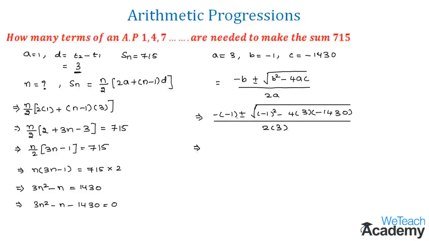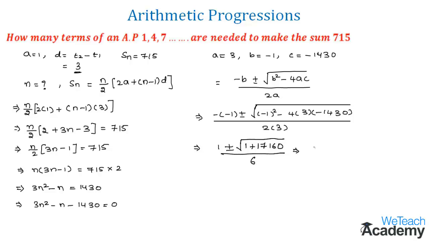So this would come as 1 plus or minus root of minus 1 whole square, whose value is 1, and by multiplying 4, 3 and minus 1430 we get the value as 17,160, divided by, and in the denominator by multiplying 2 and 3 we get 6.